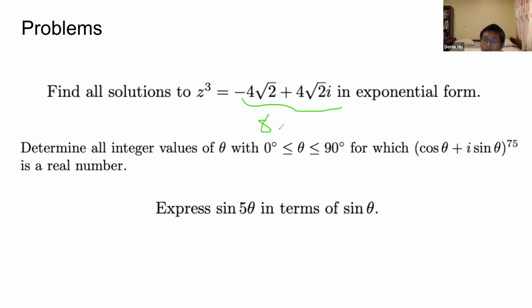And then we find the i theta part. So if we look on a graph, this is over here in the second quadrant. So if we find the arctangent of this, and then we add pi, we get 3 pi over 4. So that is what this part is equal to.